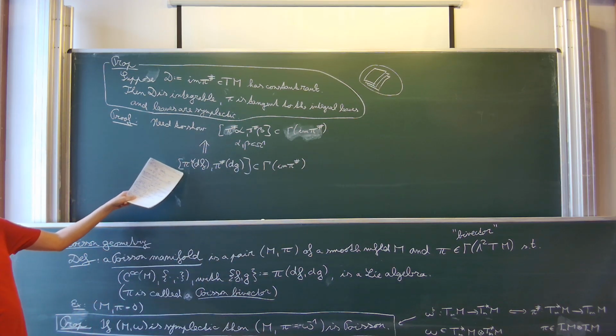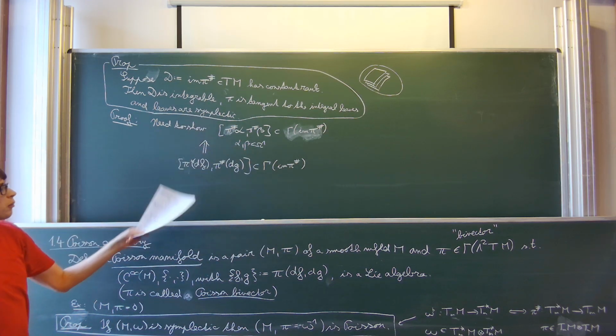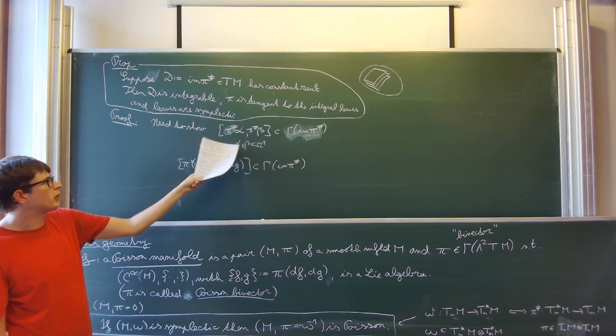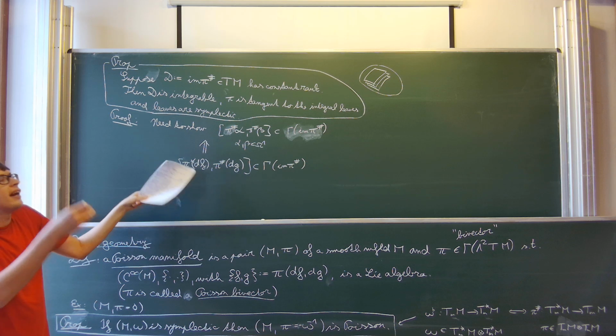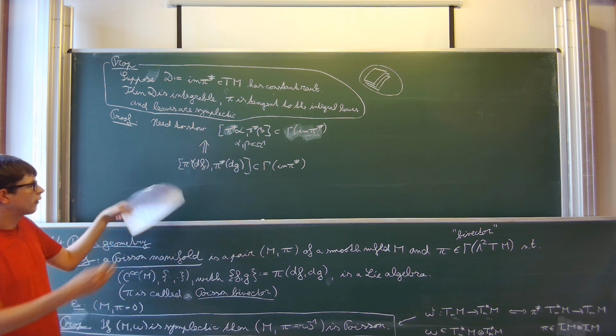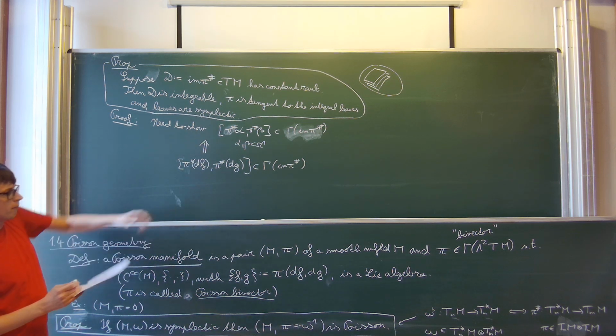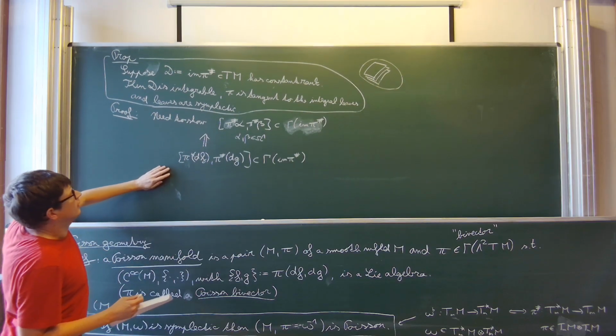So if we manage to show this not for every one-form, but only for exact ones, then this is actually enough. Because any one-form can be written as coefficient functions times dx. So you can always reduce it down to this. Okay.